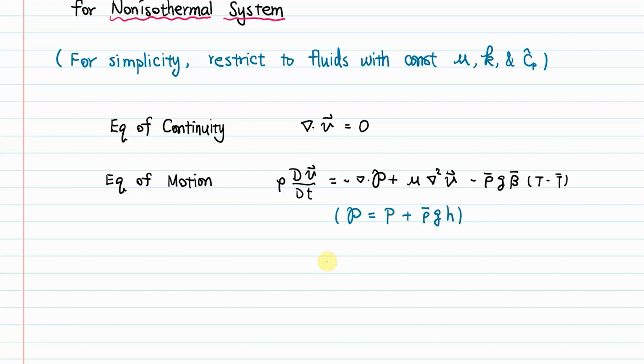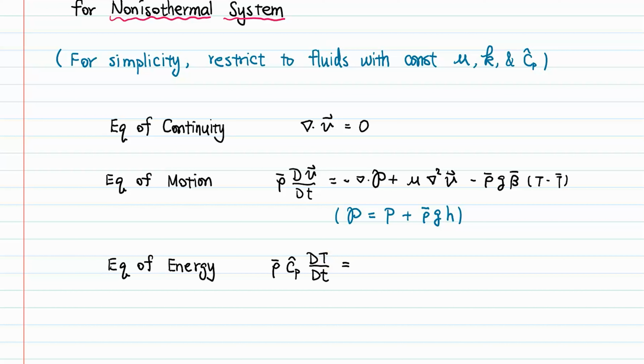And now let's continue. Finally we have the equation of energy. So we have rho bar, sorry, I should put a bar here too. We have rho bar Cp, the substantial derivative of temperature on the left hand side.